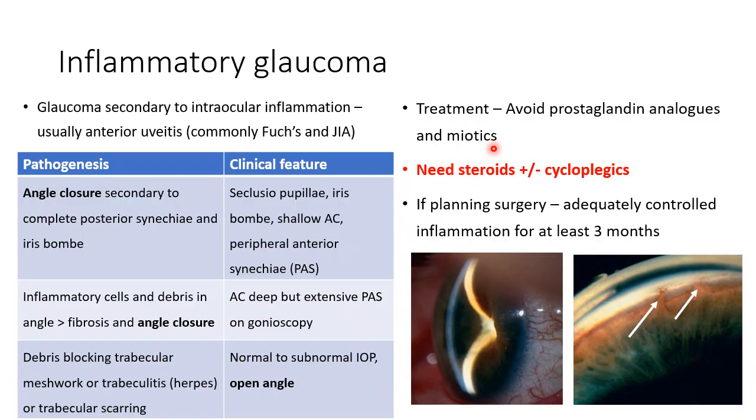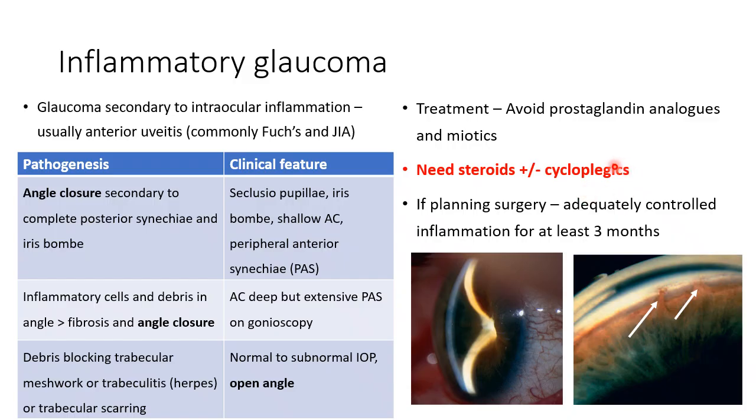Okay. Treatment, of course, you have to treat the underlying inflammation. So this is one glaucoma where steroids are indicated. This is also one glaucoma where cycloplegics may be indicated. The other glaucoma where cycloplegics and steroids are indicated would be your malignant glaucoma.